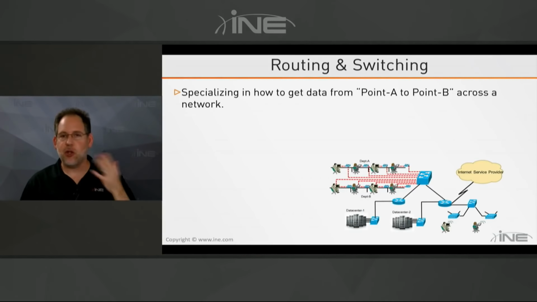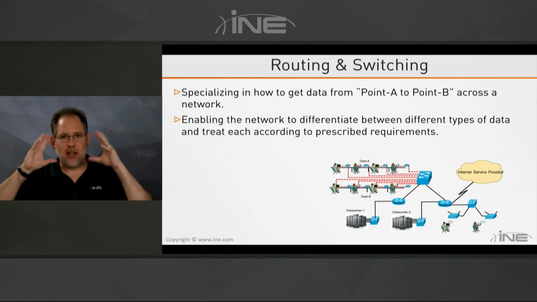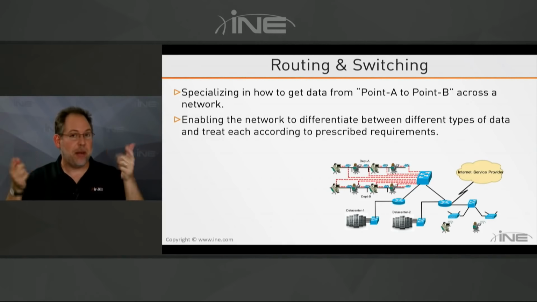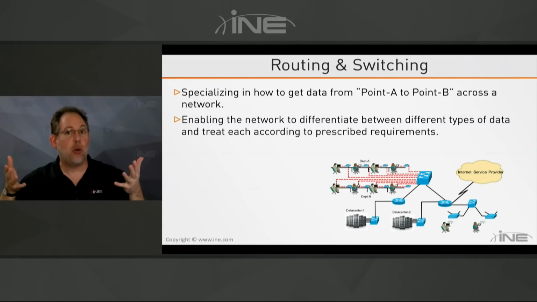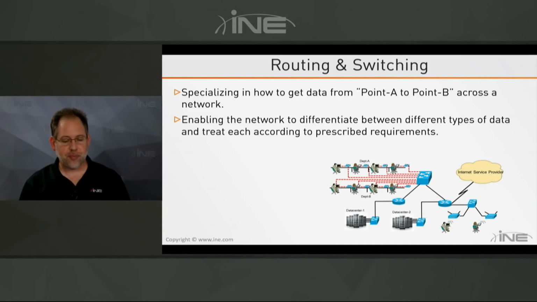For example, if you are a routing and switching engineer, then your specialty is how to get data from point A to point B, how to get the network to learn of all the destinations out there, how to get the network optimized so it chooses the best path, if there's congestion in the network, how to account for that, and make sure that the least important things get dropped, not the most important stuff.